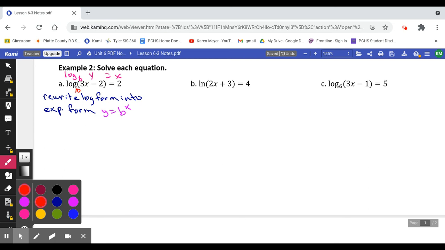So exponential form: y, which is 3x minus 2, equals base, which is 10, raised to x, which is 2. 10 squared is 100. Then you're going to add 2 over, so you get 3x equals 102. And then you're going to divide by 3 and come up with 34.